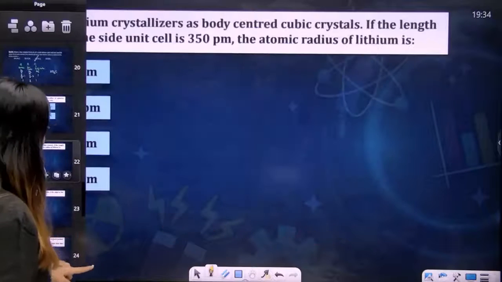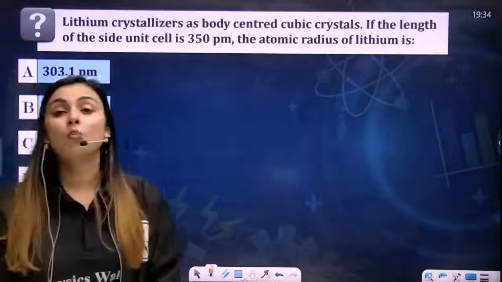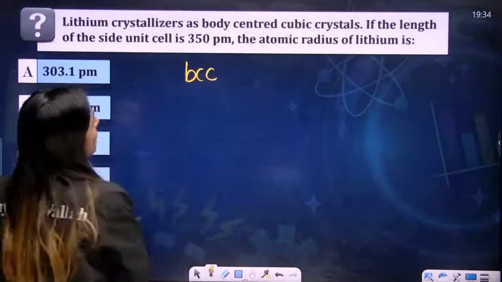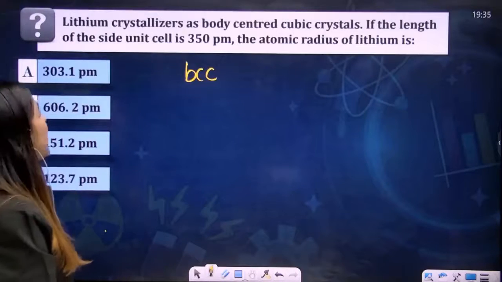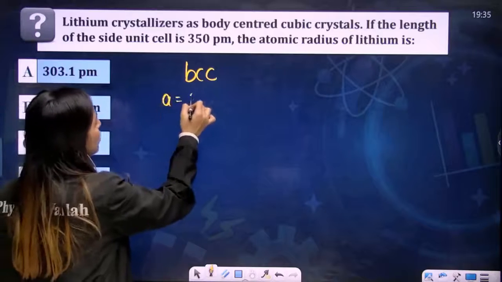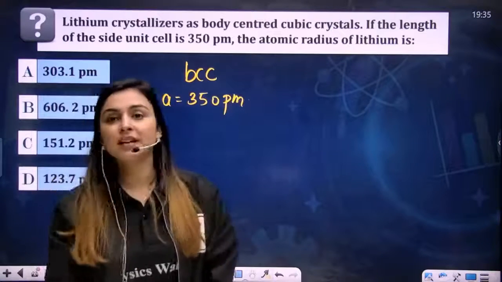The next question says that lithium crystallizes as body centered. So the system is BCC. If the length of the side of the unit cell is 350, so you are given edge length equal to 350 picometer. You have to give the atomic radius of lithium.